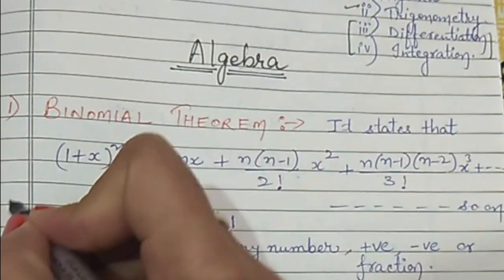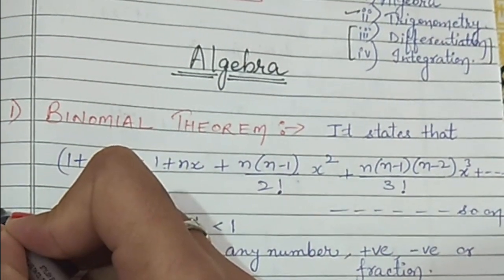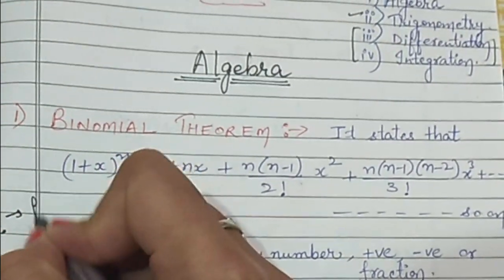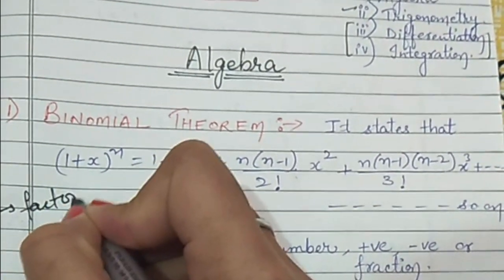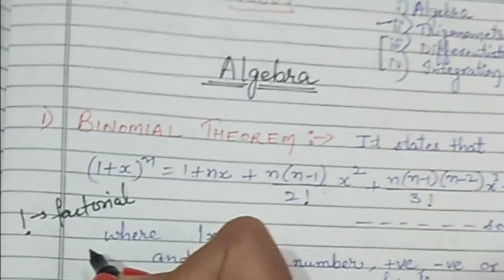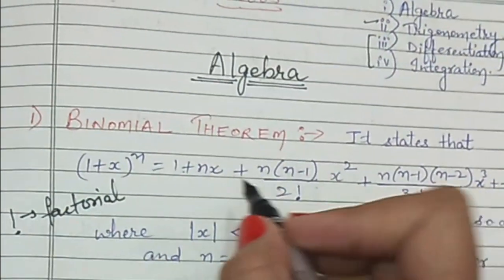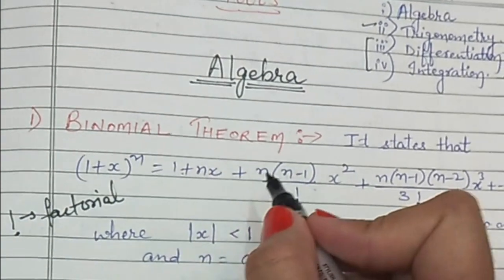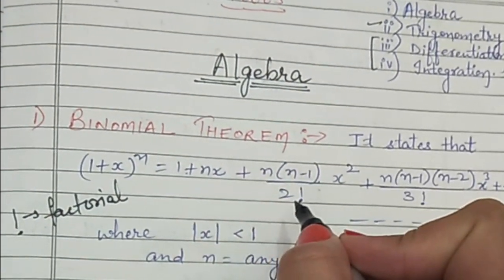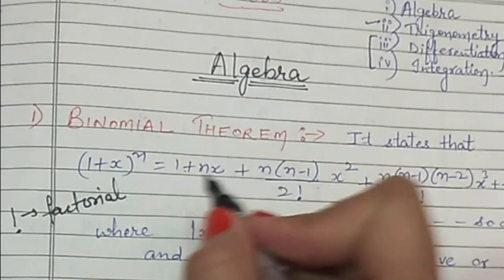This symbol, a line and a dot, is called factorial. So (1 + x)^n = 1 + nx + [n(n - 1)/2!] x^2.